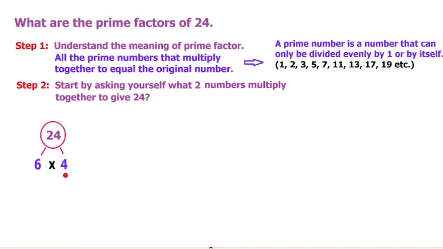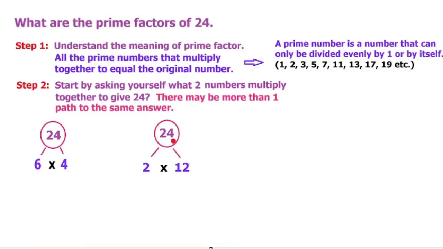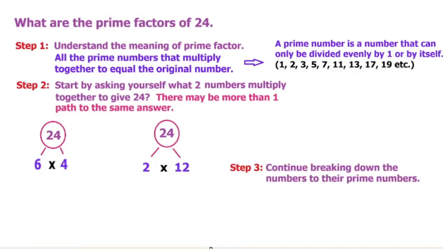But you might ask yourself, there's other ways you can multiply to get 24, right? So there may be more than one path to the same answer. So let's do a different path. Let's also, side by side, do this one where we use 2 times 12 to get 24. We'll do those side by side to see if we get the same answer.